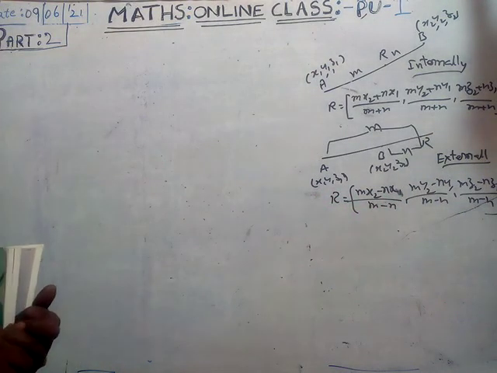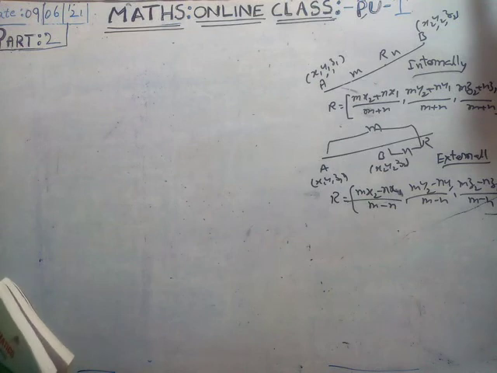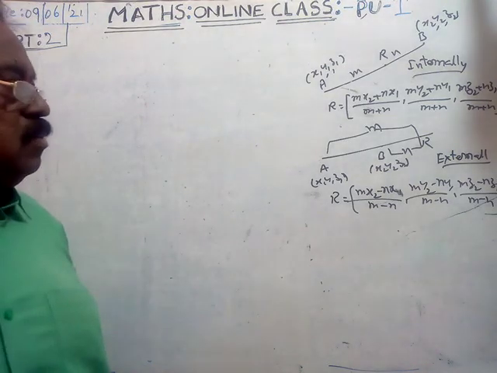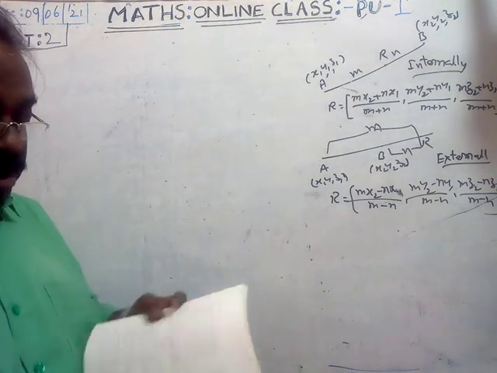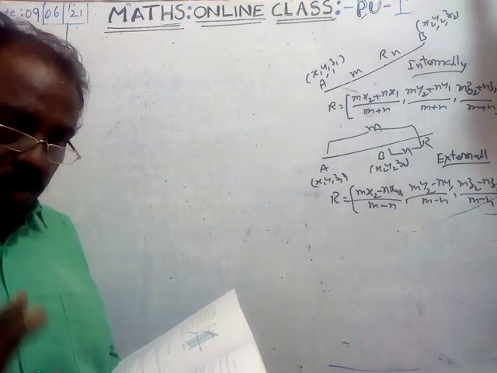These are the two concepts: one is internal and the other is external. The main theorem is the section rule. We are finding the coordinates of the point which divides a given line segment internally or externally. On that concept, we will solve the first two examples.